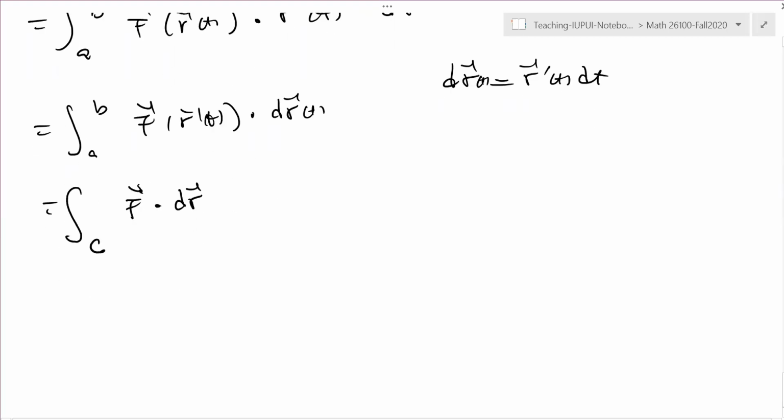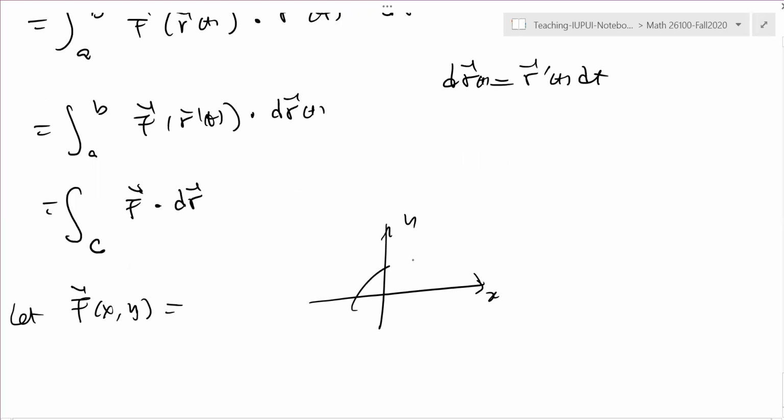Now, if in the xy plane, if that's a special case, this is a function defined, I have two components.